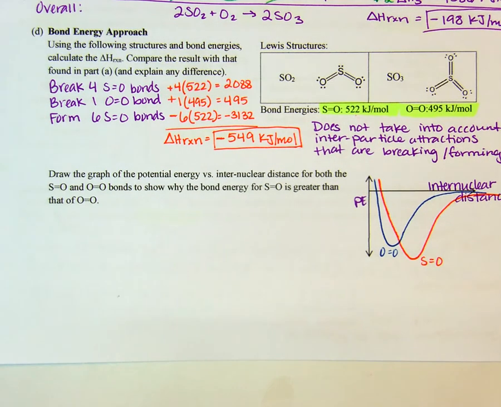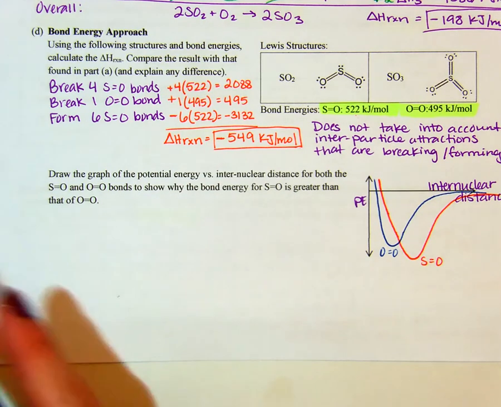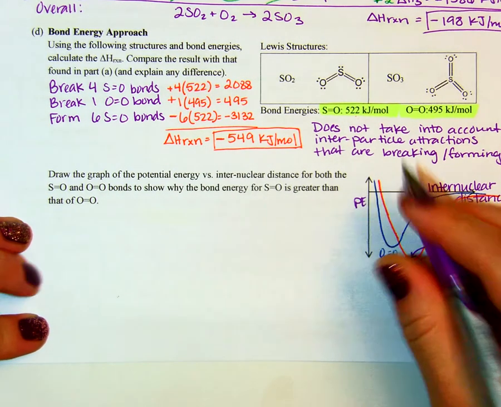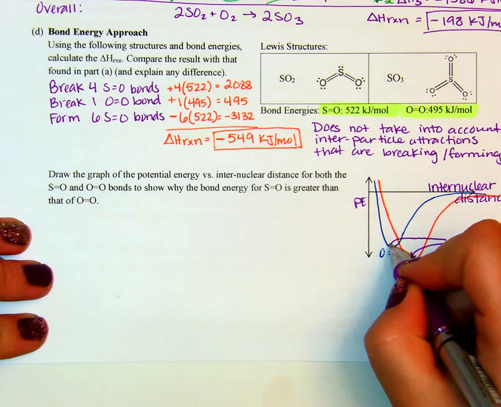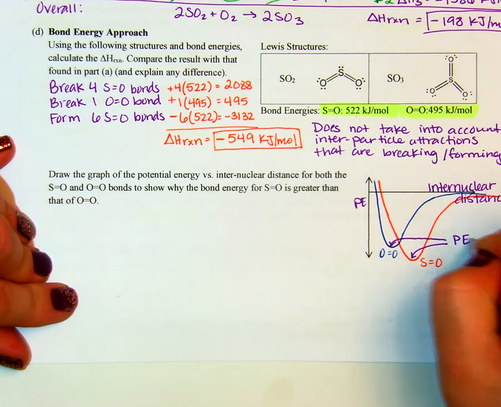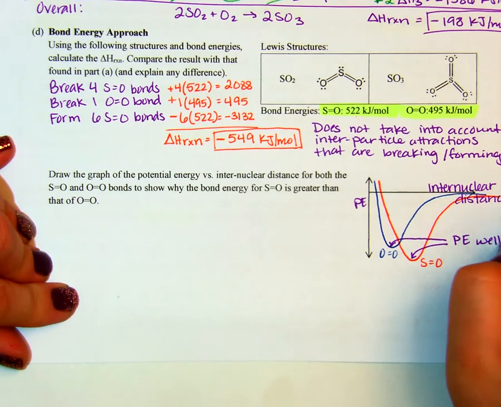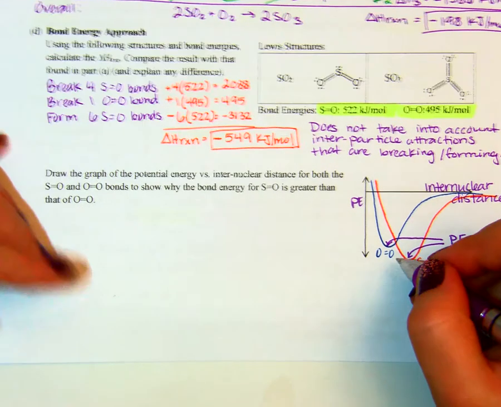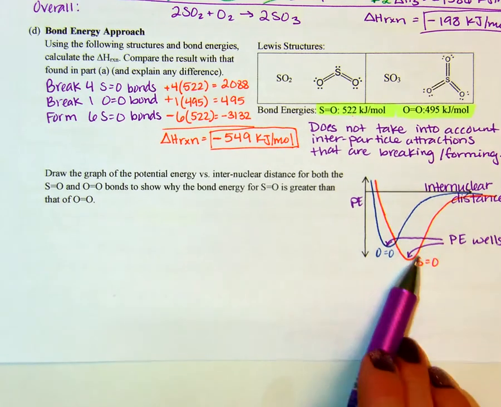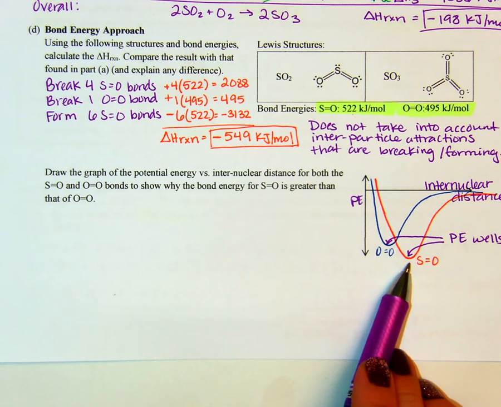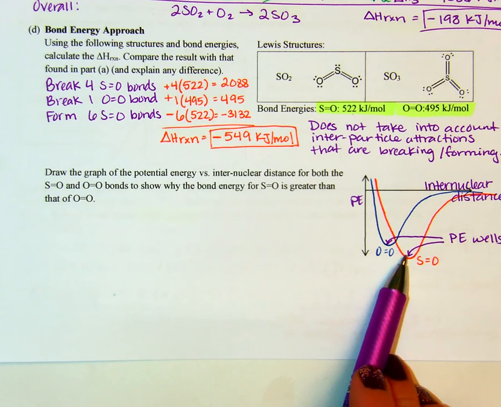And then these areas at the bottom are called potential energy wells. If you can think of a well, like a well that has water in it, deep at the very bottom. So these are PE for potential energy wells. And that's where the potential energy is the lowest. And that is, of course, where we're going to have a bond. Now, the potential energy well right here, which is the base of the curve, represents the ideal separation between the two nuclei.